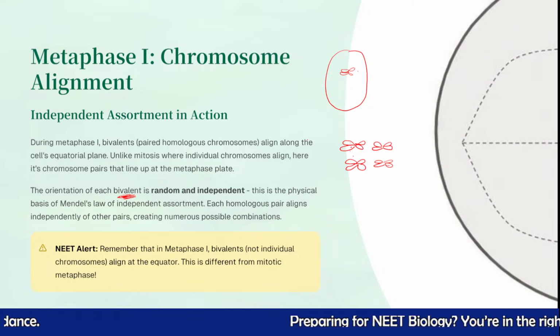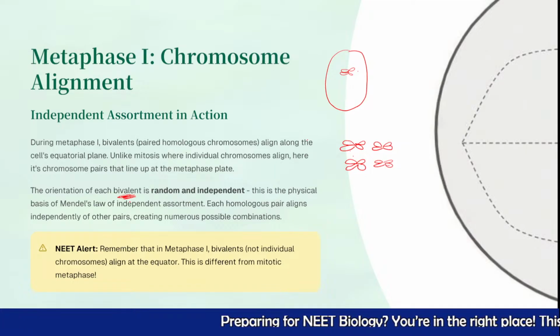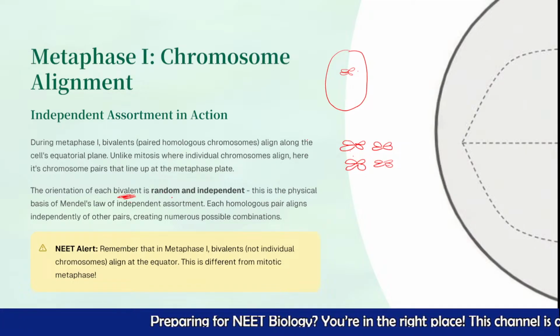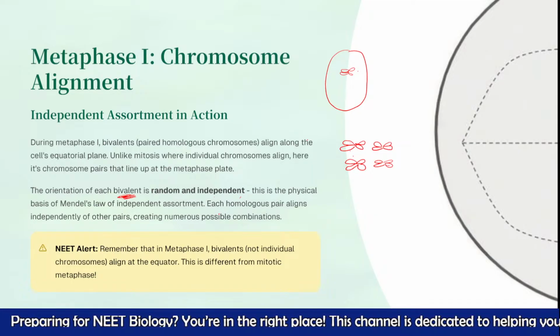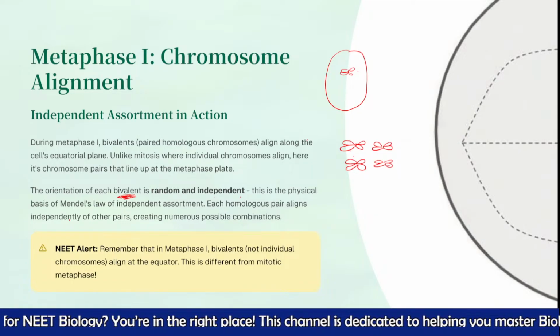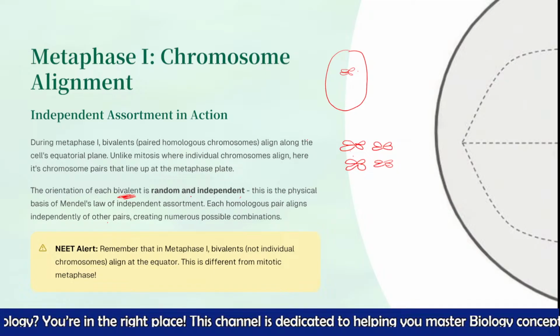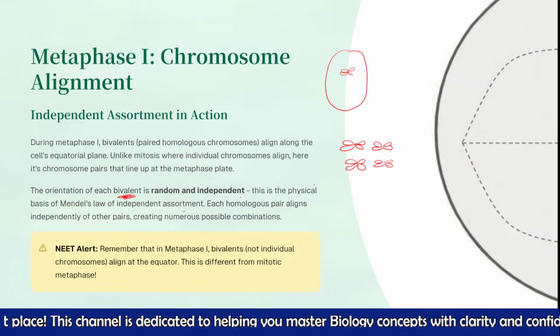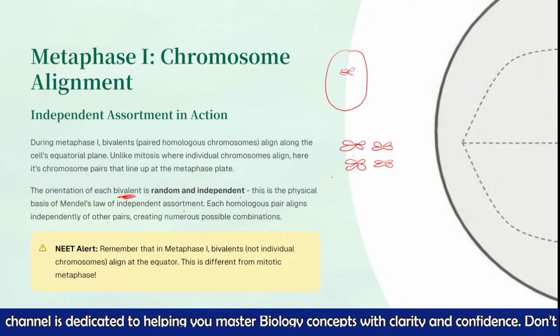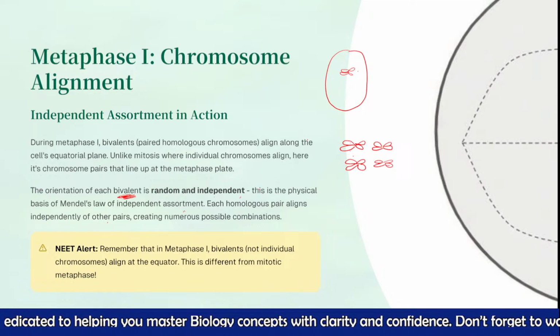Bivalent means the pair of homologous chromosomes. It is random and independent. Each homologous pair aligns independently, like in the genetics part, where we will study the law of independent assortment. They align independently and form the metaphase plate.